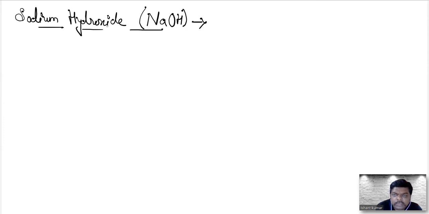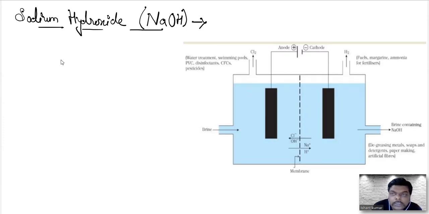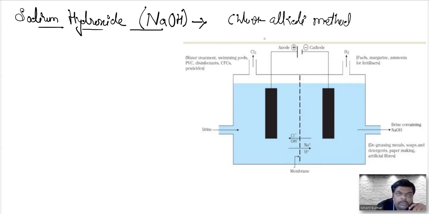This is the method in which we are using NaCl to prepare sodium hydroxide, and this process is known as the chlor alkali method.